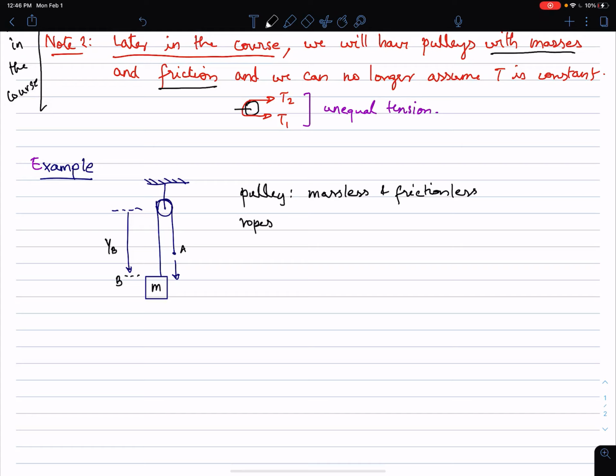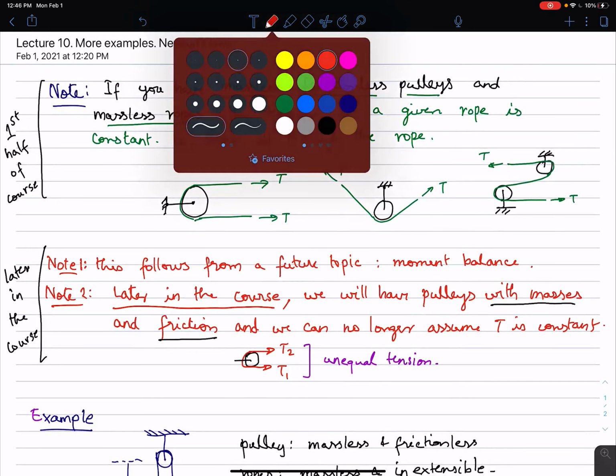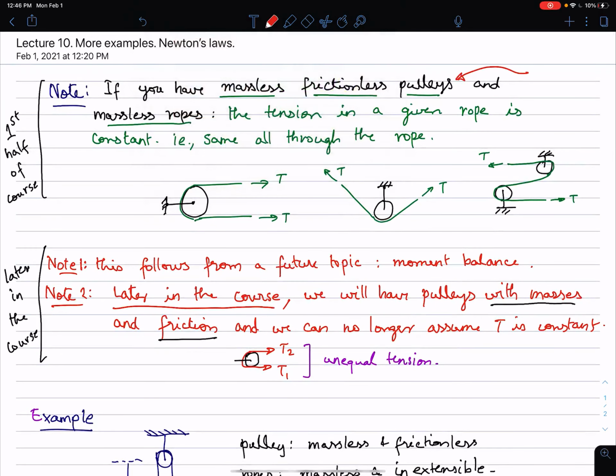Ropes are massless and inextensible. I didn't quite mention this, but when we say massless and frictionless pulleys, this is sometimes called an ideal pulley.